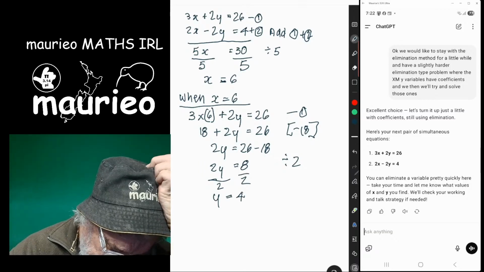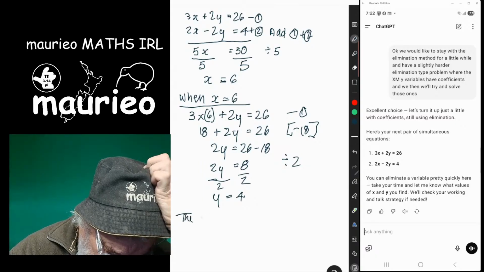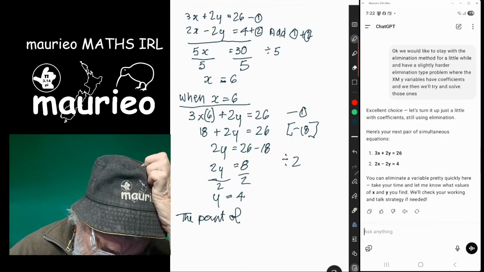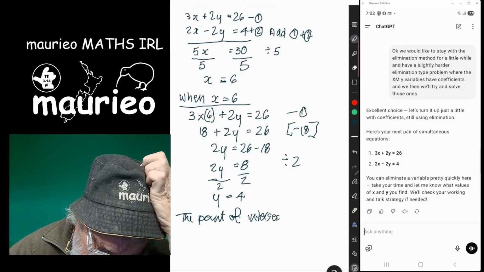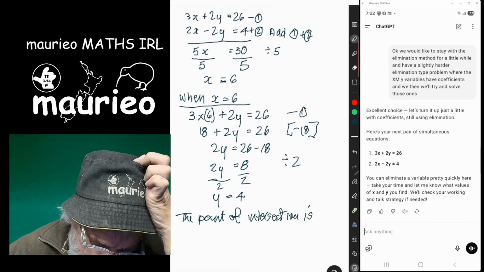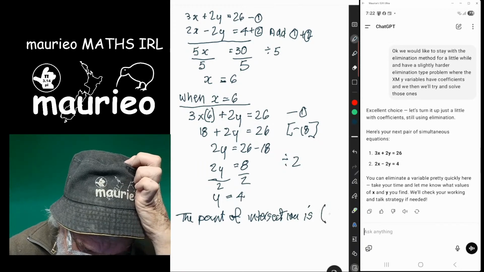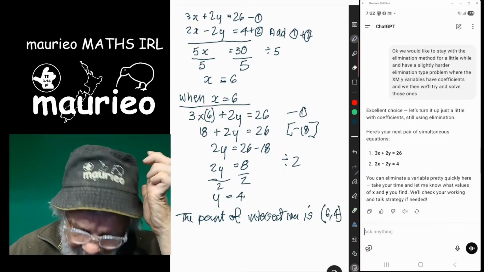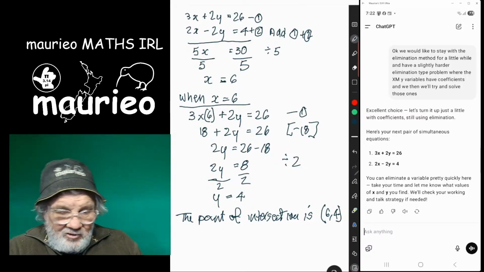Okay. The point of intersection is 6, 4. Okay, so that's where the two lines meet.